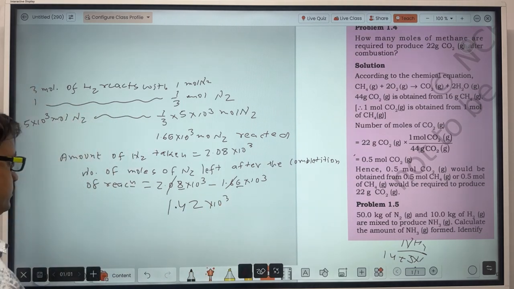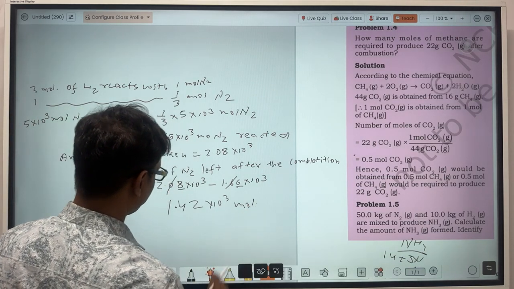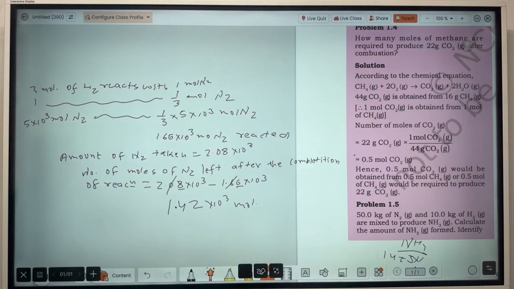In terms of mole, that is 1.42 into 10 power 3.